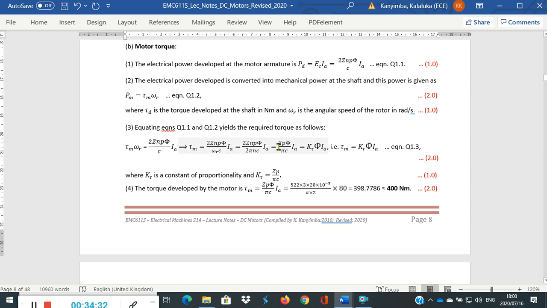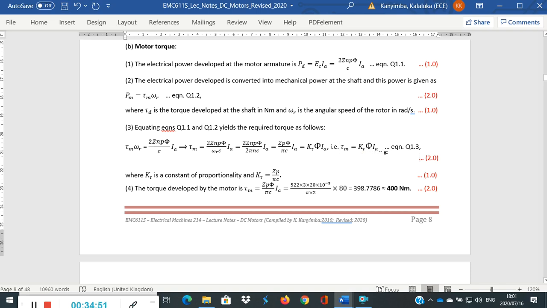So this is a constant. The flux can change if we want to change the speed. Therefore, we can say the torque is a constant of proportionality, let's call it K tau, times phi times IA.